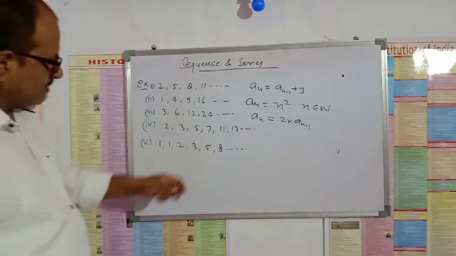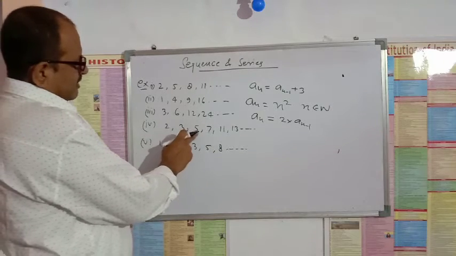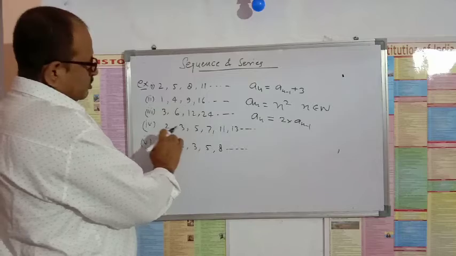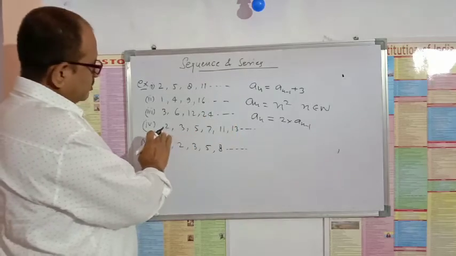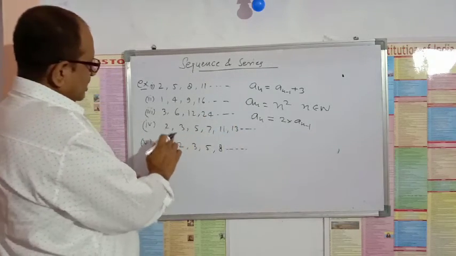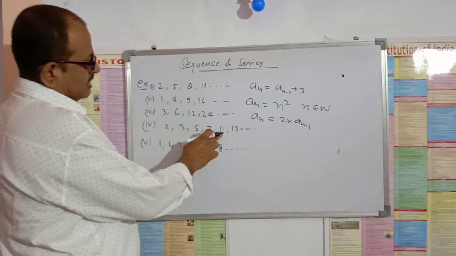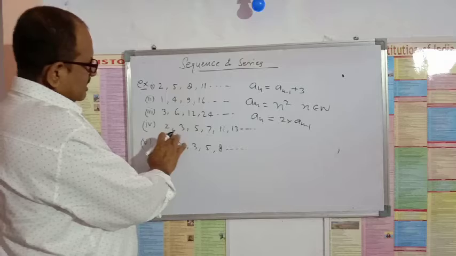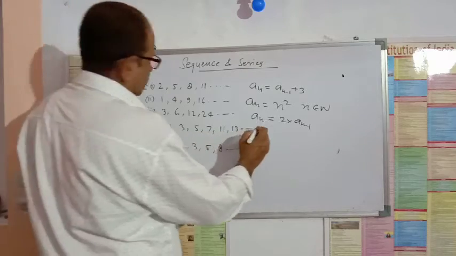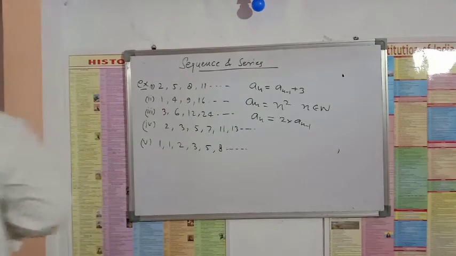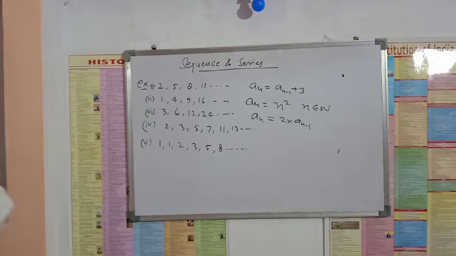Next one: 2, 3, 5, 7, 11. There is no definite pattern here. There is no definite pattern in the terms. Here the difference is 1, here the difference is 2, again 2, the difference is 4, again 2, like this. It is the sequence of prime numbers.